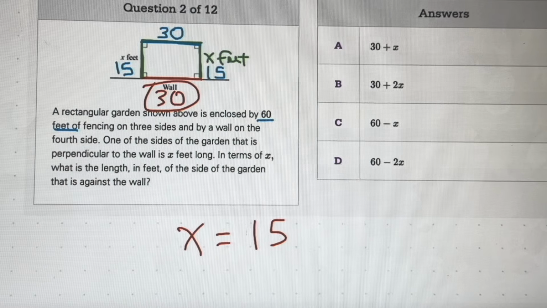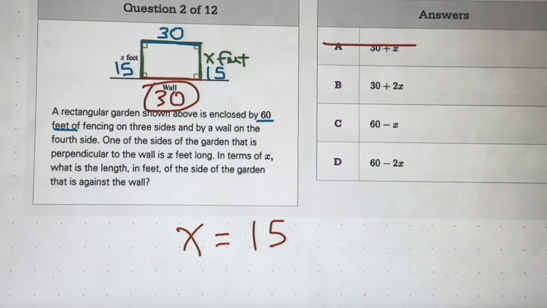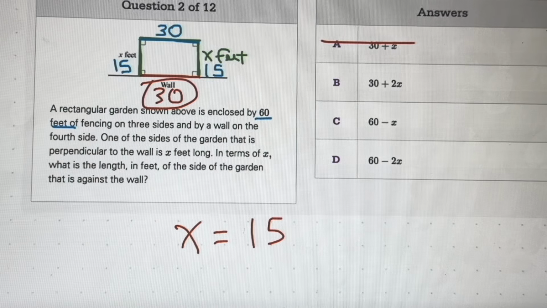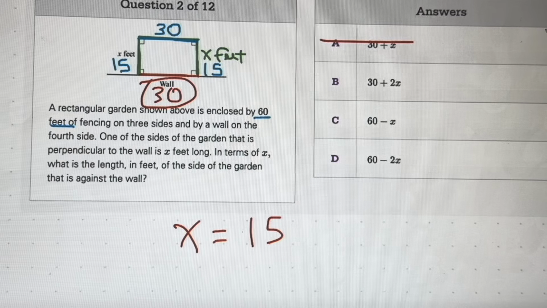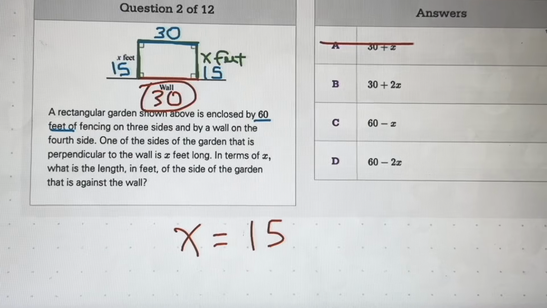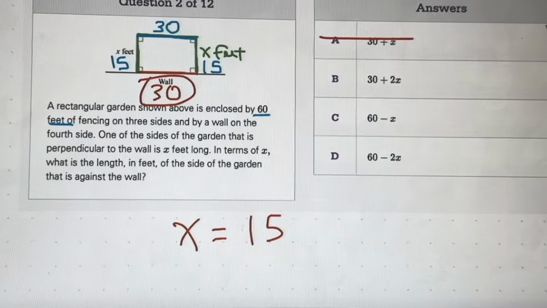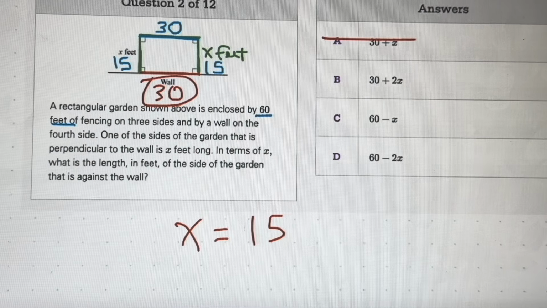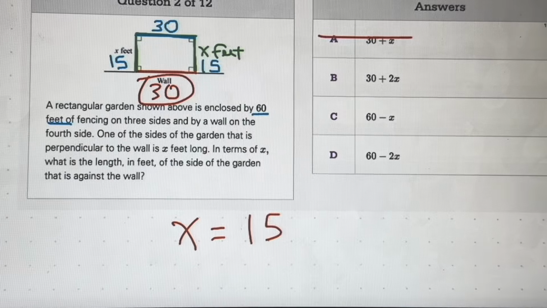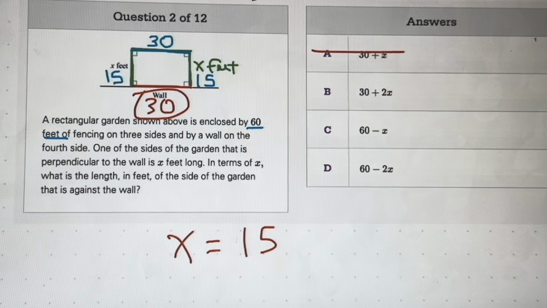We know the right answer has to give us 30. Does that make sense? So A is gone. Adios. Try answer choice B. So that'll be 30 plus 2 times 15.